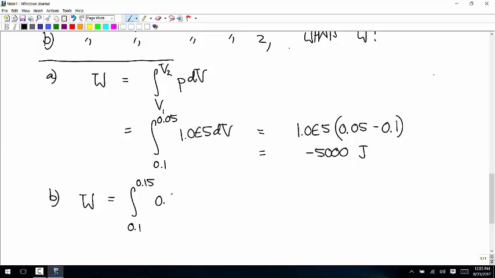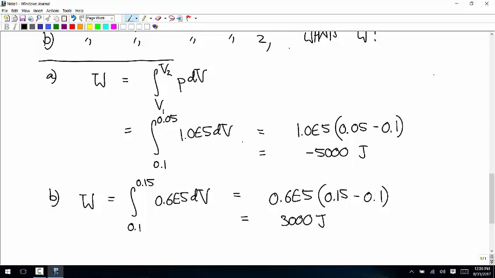The pressure is 0.6 times 10 to the 5th, and then times dV. So you get 0.6 times 10 to the 5th times the quantity 0.15 minus 0.1. And this time you get a positive answer of 3,000 joules.